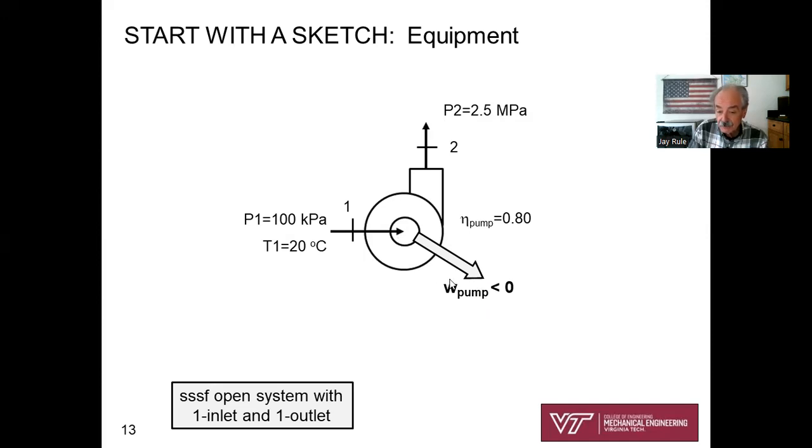But look how I'm also recognizing that the work out of the pump is less than 0. On my sketches, I always show work out and I always show heat in. Now, why am I not showing heat in on my sketch? Because it's adiabatic. There's no heat transfer in. And remember, we've got a steady state, steady flow, open system with one inlet and one outlet.